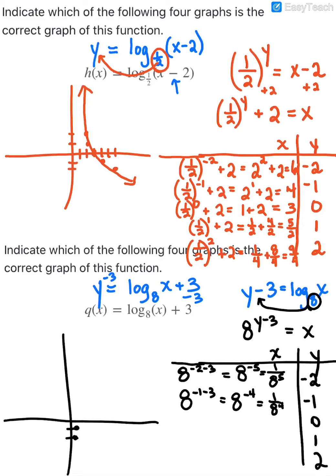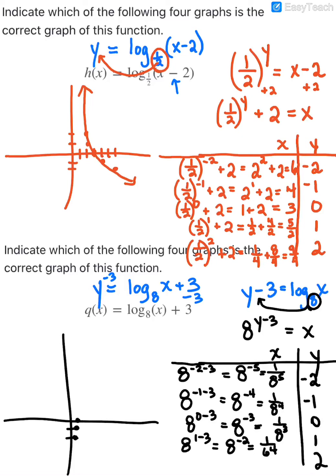When y is 0, I get 8 to the 0 minus 3, so that would be the same as 8 to the -3rd, which is 1 over 8 to the 3rd. It's a little bit bigger, not much, so it's kind of hard to show that difference on the graph. When y is 1, I get 8 to the 1 minus 3, so 8 to the -2, which is the same as 1 over 64, or 1 over 8 squared.